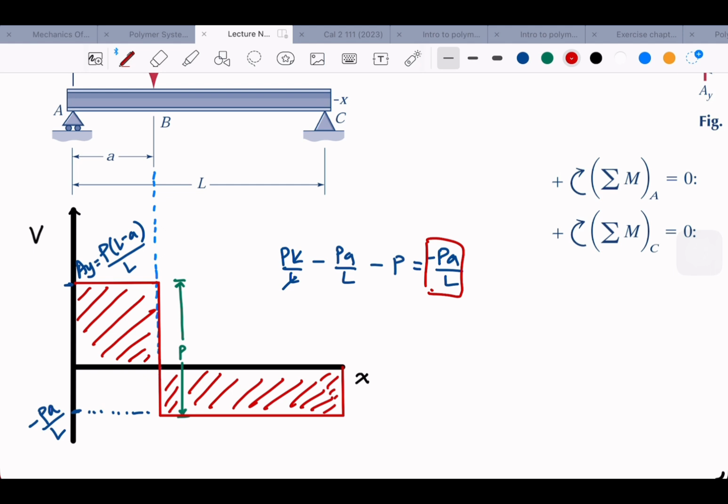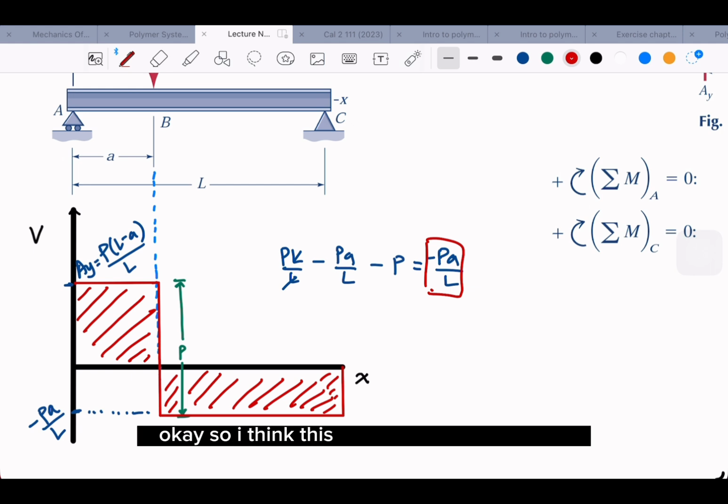Right? You can think from that part as well. Okay. So I think this is the shear diagram. Okay, shear diagram finished.